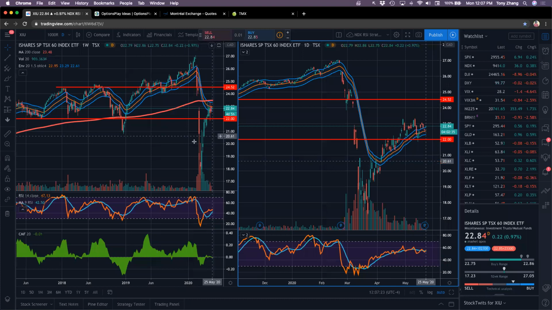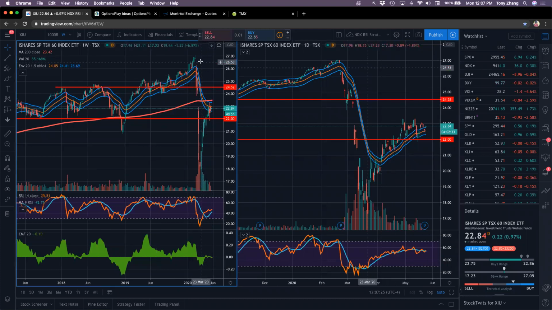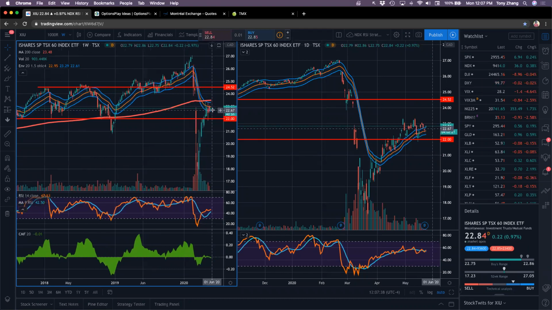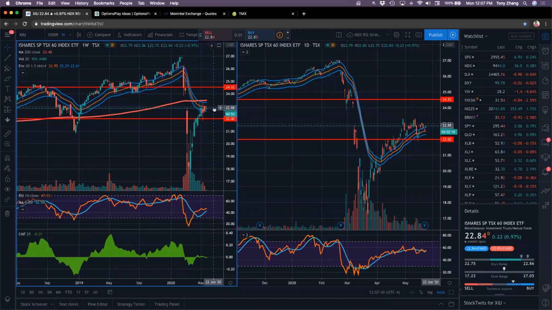So the weekly chart, to give you a sense for how we're currently viewing the markets, we obviously had that very strong downtrend during the COVID-19 sell-off. We have now rallied back roughly about 60% of that initial sell-off. Over the past few weeks, XIU has really struggled here around this 20-week moving average.